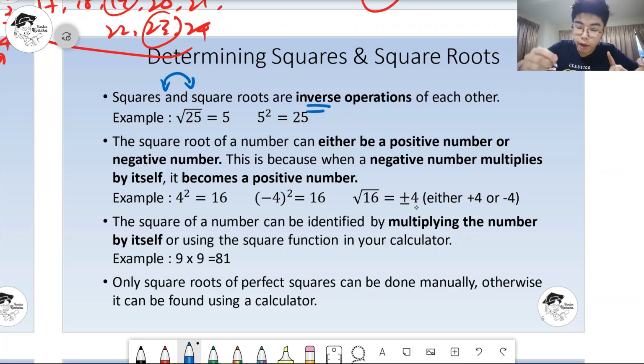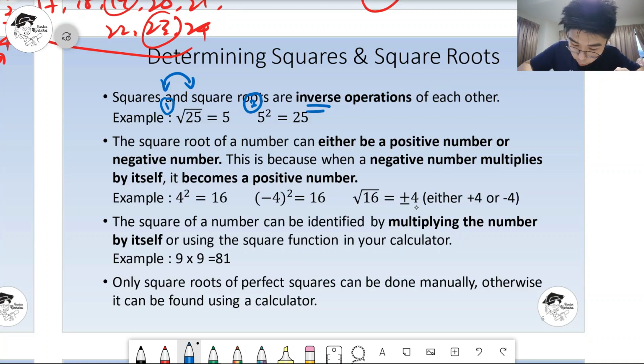When you do the square root of 25, let's put number 1 here and number 2 here. On number 1, we are doing the square root of 25. The answer is 5. On number 2, we are doing the square on the 5.